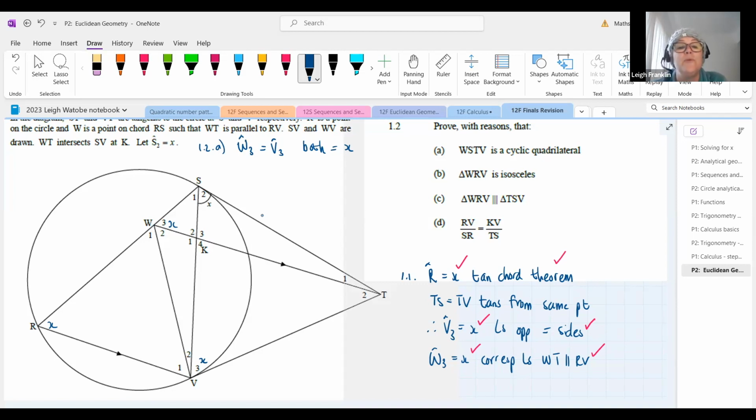We've got that V3 and W3 are both equal to X. So therefore, we can say that WSTV is cyclic, and our reason in this case is converse angles in the same segment. And the reason that it's out of 2 is for this statement here, the angles that prove it, and the correct reason.